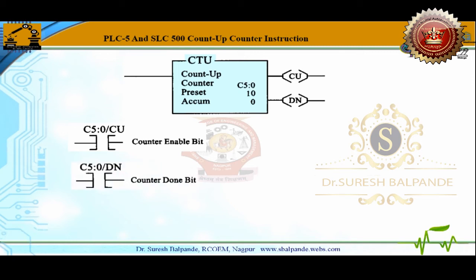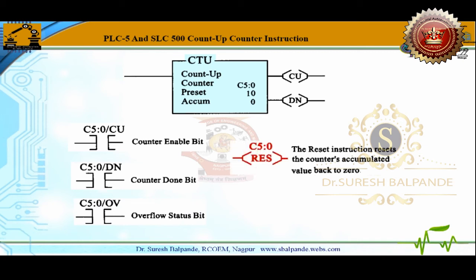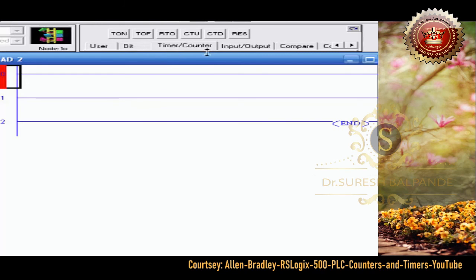Second is the counter done bit, that is the done bit, again similar to the timer. Third is the overflow bit, that will show the overflowing of the counting value. We'll understand this later on. And the reset instruction we have to use always along with the counter, up counter as well as down counter.